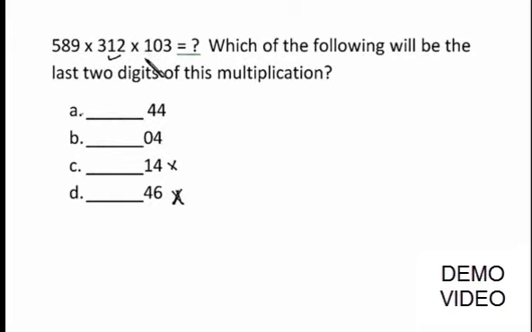Apart from that, I just write it over here. It's 89 into 12 into 3. From this multiplication also you can get the second last digit. Apart from that, if you wish to find out the last 2 digits, just listen to me carefully.